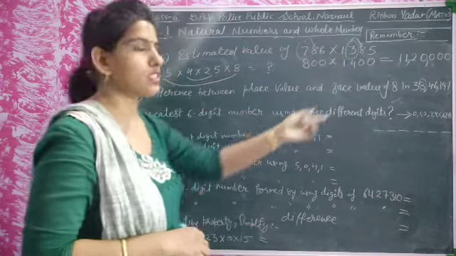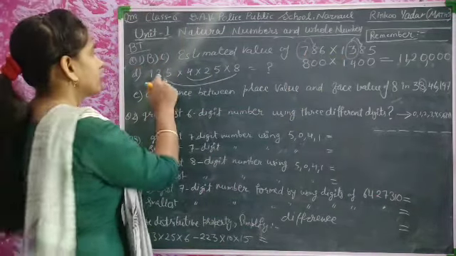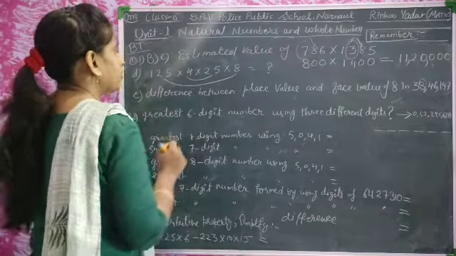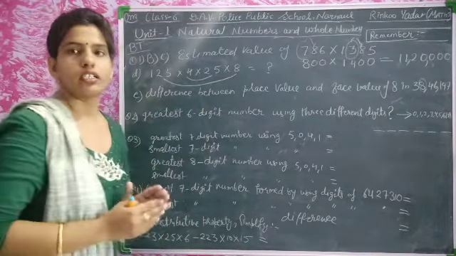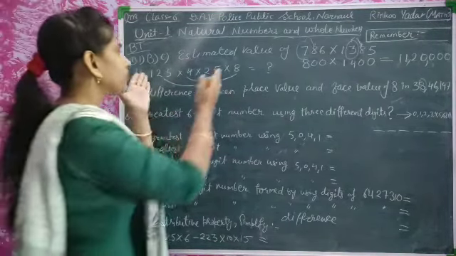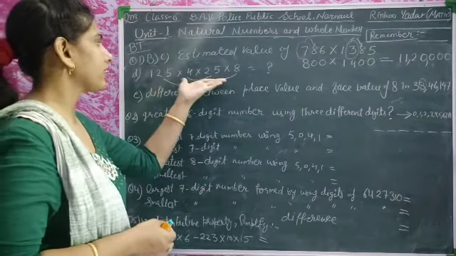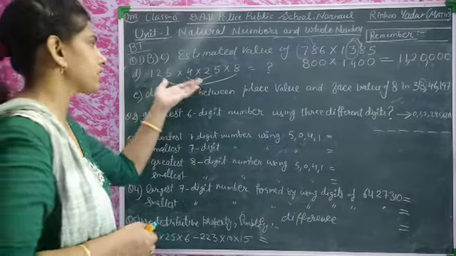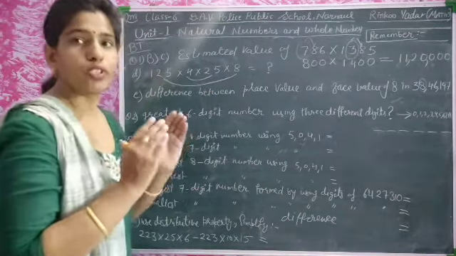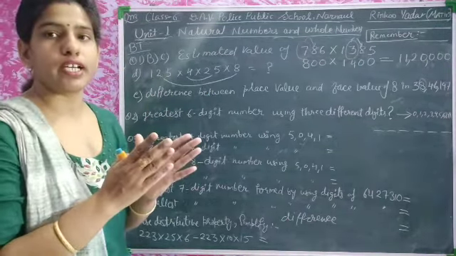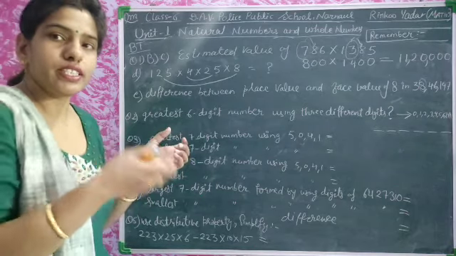Is it clear students? Now the next question is asking this. So we are taking the grouping of digits, numbers, as we are taking groups of numbers that can be multiplied easily.